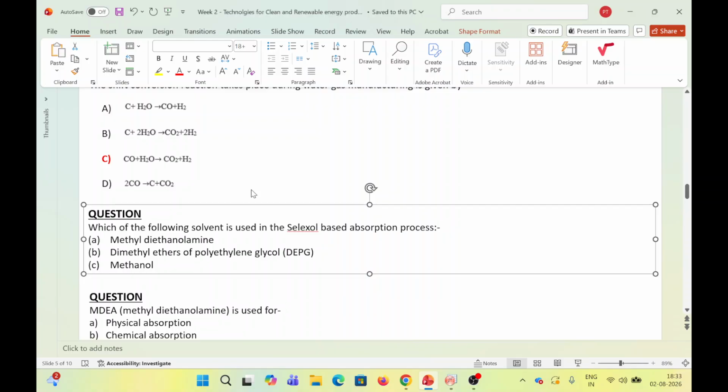In this syngas cleanup, one of the ways is the solvent based approach, right? There we use multiple types of solvent to clean up the syngas. So the question is which of the following solvents is used in the Selexol based absorption process?